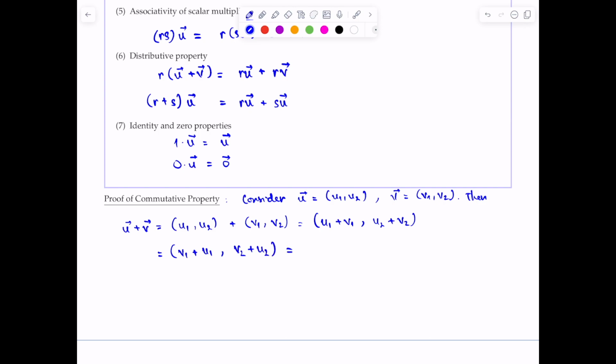Now you can separate the resulting vector out into (v1, v2) plus (u1, u2). By doing this, you show that the first vector is vector v, and the second vector is vector u. So therefore, we basically showed that vector addition is commutative.